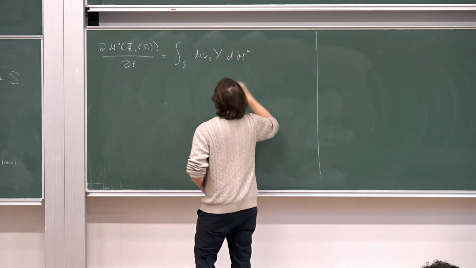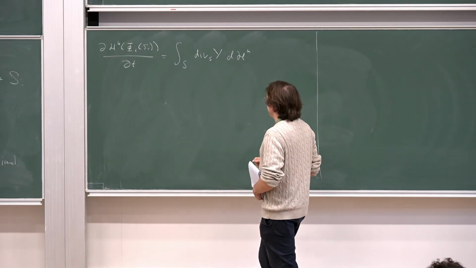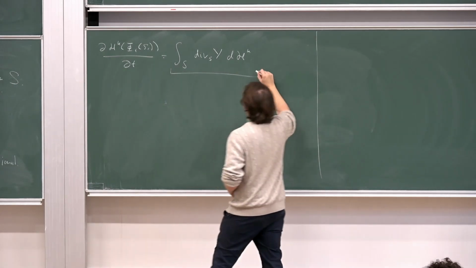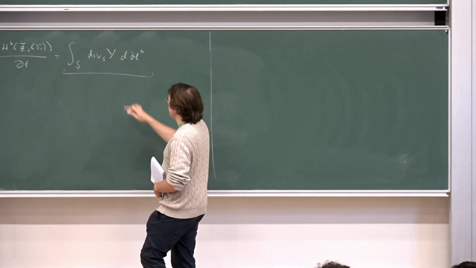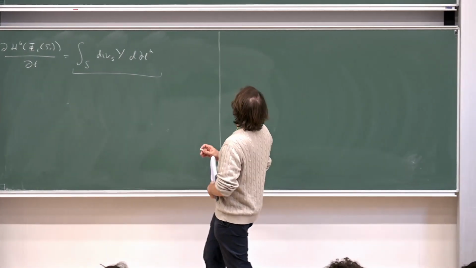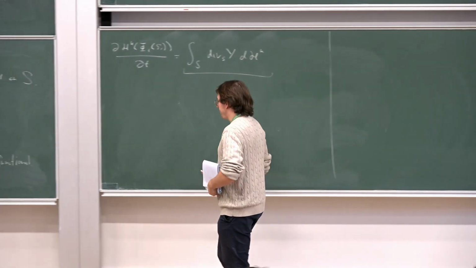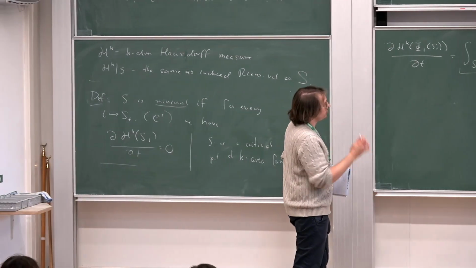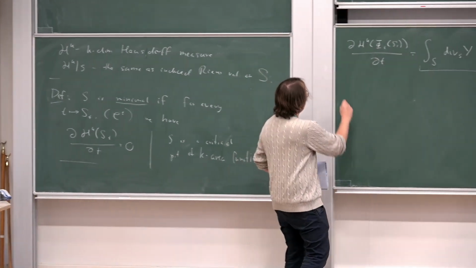dH^k. And this, again, if you don't do Riemannian geometry, this might not tell you much, but I've specialized to a more specific case where our vector field is given by the gradient of a function.